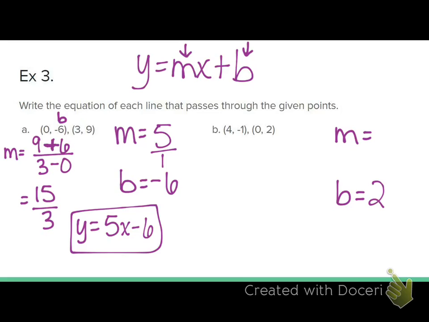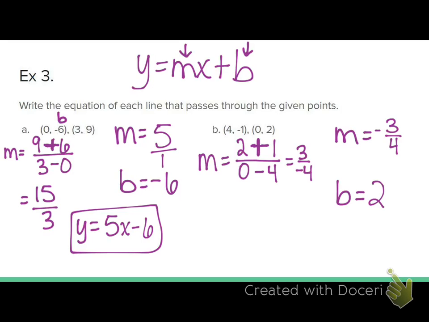To find our slope, m equals 2 minus negative 1 over. Good. Subtracting a negative means I'm really adding. 3 over negative 4 is my slope.